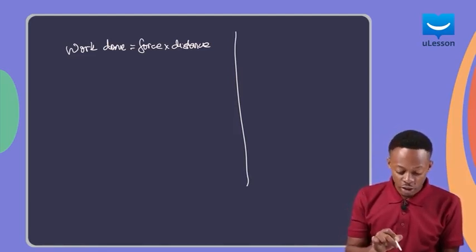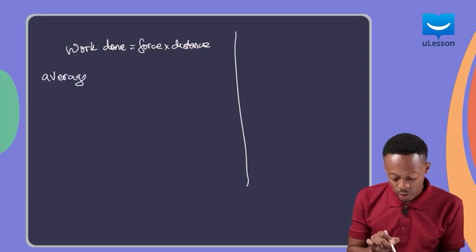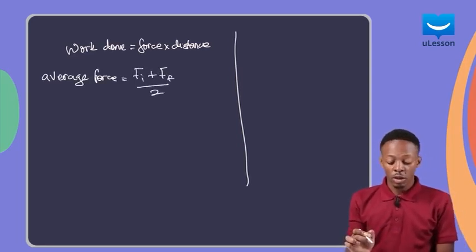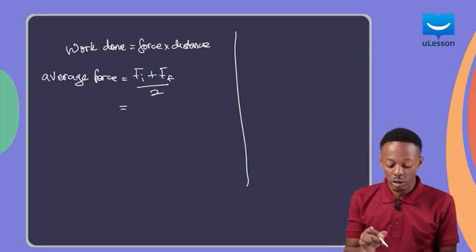So the average force that's applied when this work is done will be equal to the initial force plus the final force divided by 2. The initial force, we know, was 0 because the spring hadn't elongated.